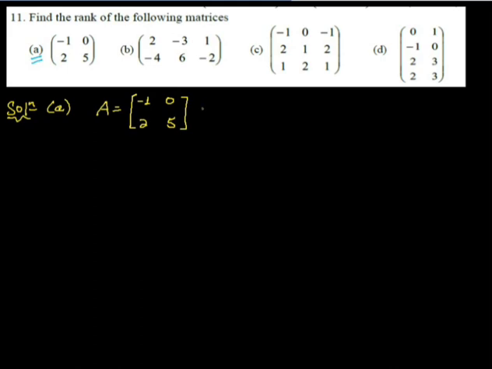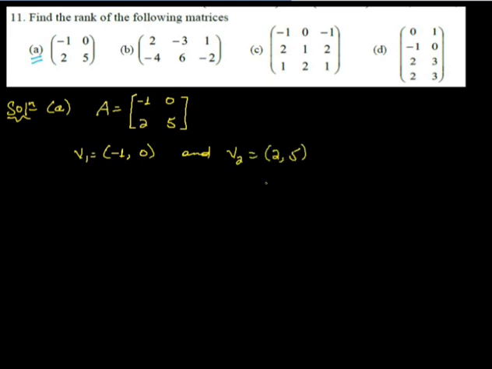So, based on the definition of rank, we will try to see the maximum number of linearly independent vectors, row vectors or column vectors. The row vectors are: -1, 0, say this is one of the row vectors, and the second row vector is 2, 5.